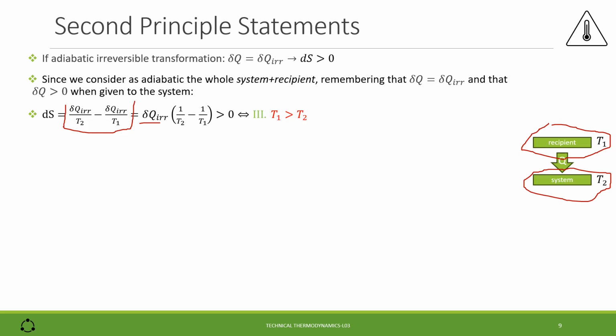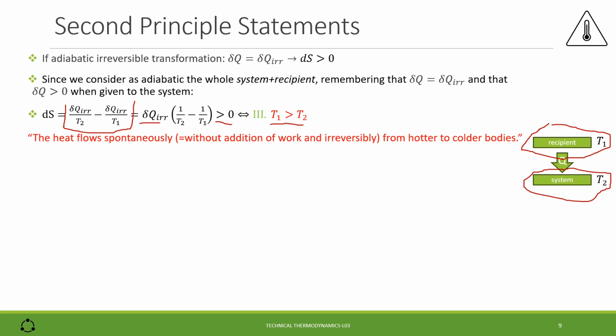This must be positive because of the statement number 2, but this is true only if T1 is greater than T2. So we find the third statement of the second thermodynamic principle. The heat flows spontaneously from hotter to colder bodies.